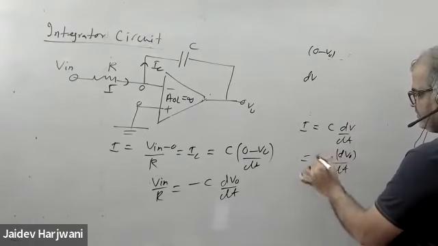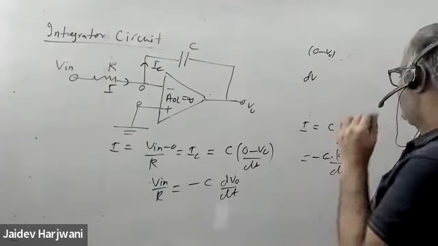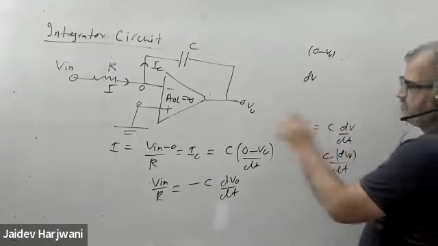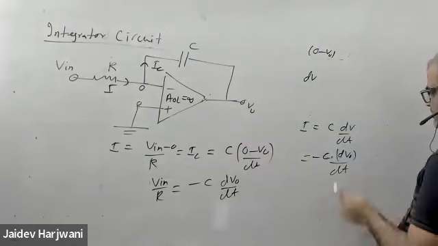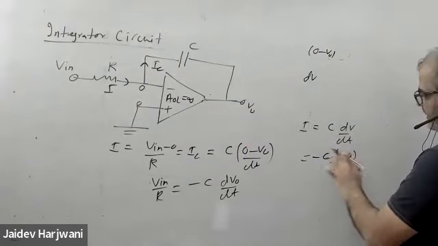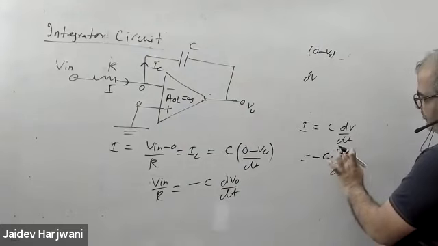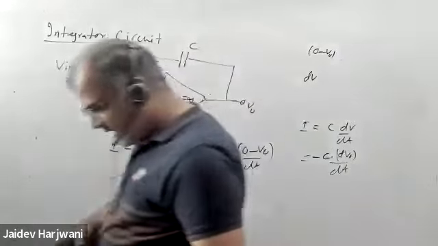This is minus C dV naught. Basically this is the voltage difference from here to here, and since that is 0, I can write dV as minus dV naught. Check it. Can I write like this?